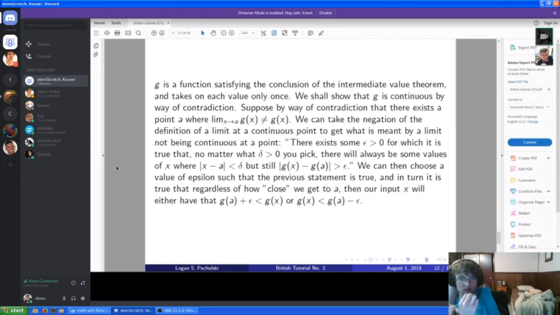We can then choose a value of epsilon such that the previous statement is true, and in turn it is true that regardless of how close we get to a, our input x will either have that g of a plus epsilon is less than g of x, or g of x is less than g of a minus epsilon.